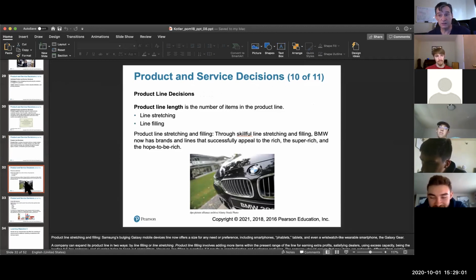You have to decide. Let's assume you have those 5 cars. What would you do? Go upwards, go downwards, stretch the line? Just think about it. Many of you already have a car.